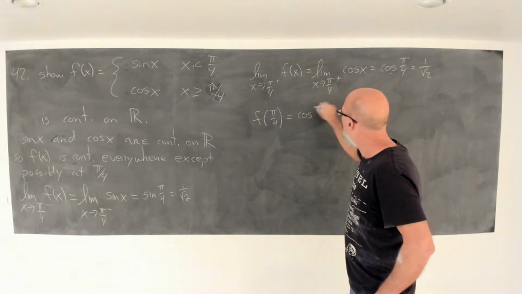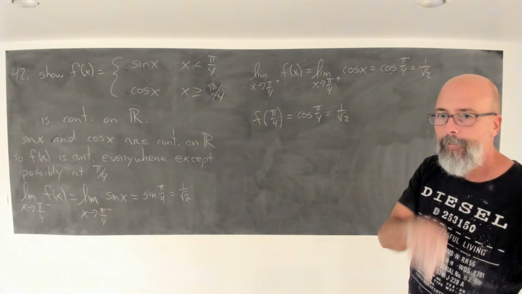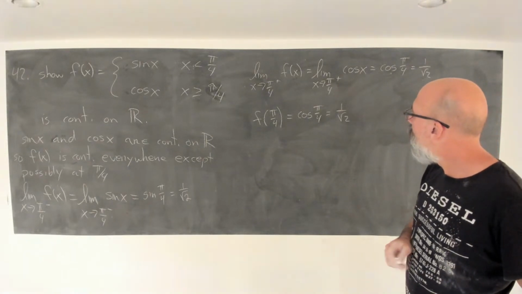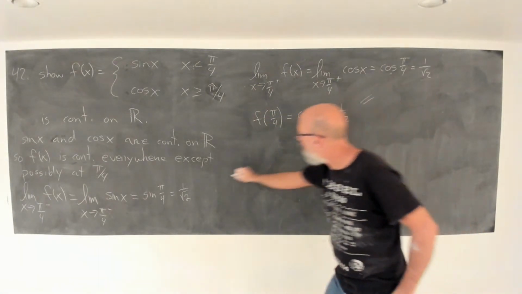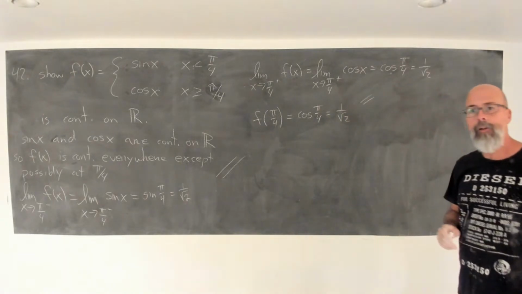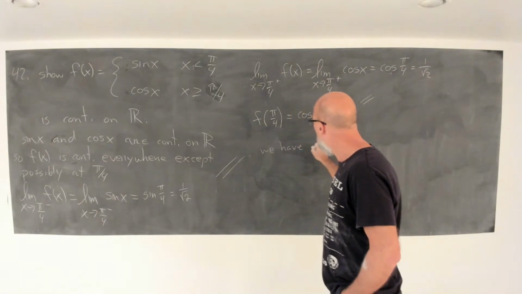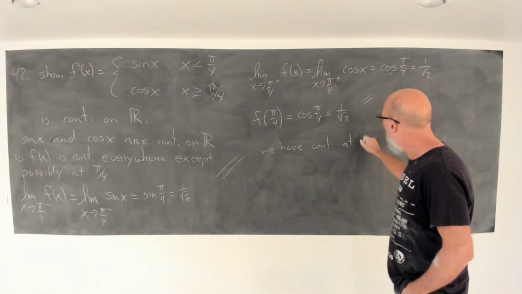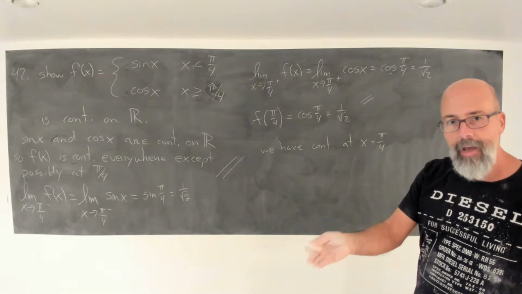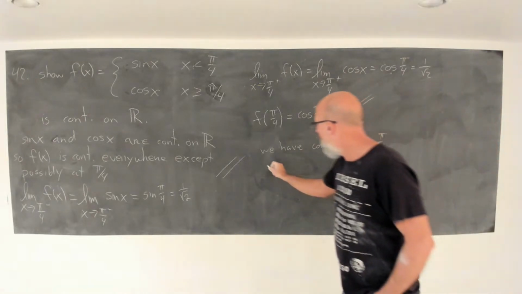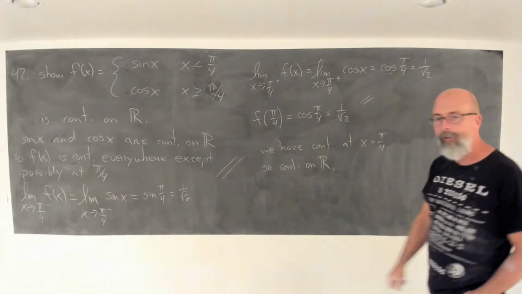This is cosine of pi over 4, which is again 1 over root 2. Exactly, thank you. So now this is equal to this is equal to this. They're all equal. So we have continuity at pi over 4, but we already had continuity everywhere else. So continuous on all of R.